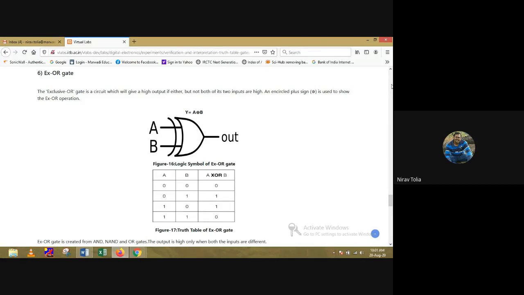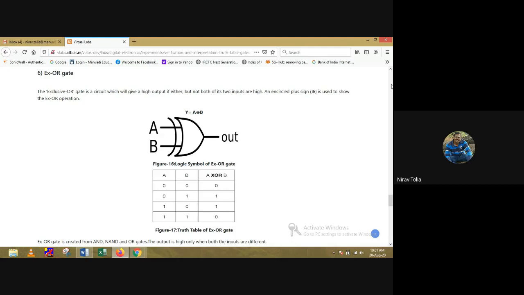If all the inputs are the same, there are only two possibilities: either 0 0 or 1 1. So the output will be low, or you can say 0. The truth table is 0 0 0, 0 1 1, 1 0 1, and 1 1 0.